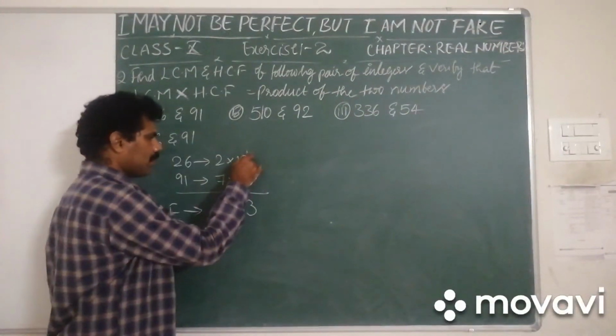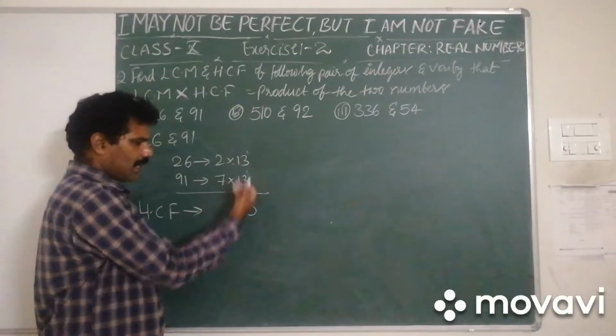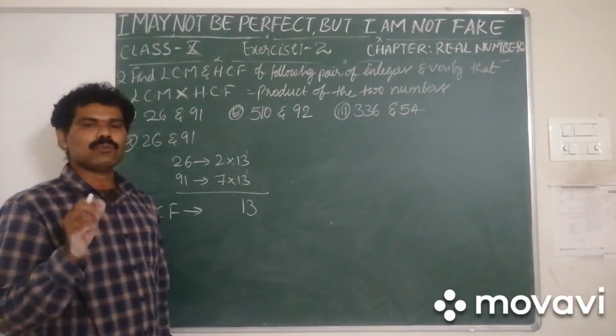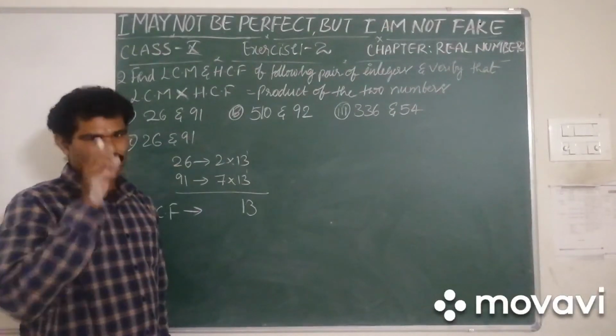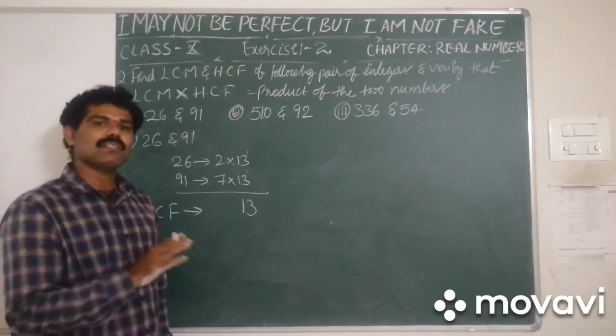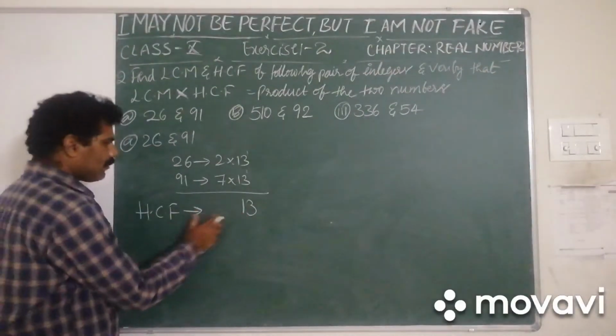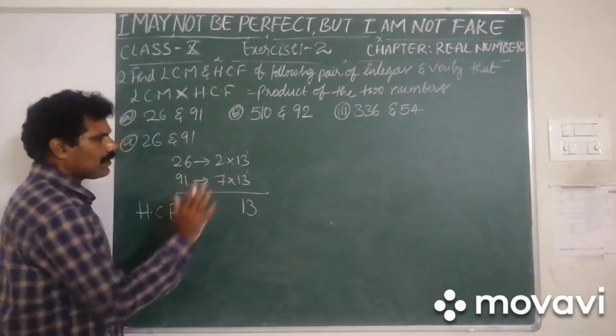Here our powers are the same, so no need to worry, I will take it as it is. If powers are different, then we have to go for the least power. We will see that in the next problems. Now the HCF for 26 and 91 is simply 13.